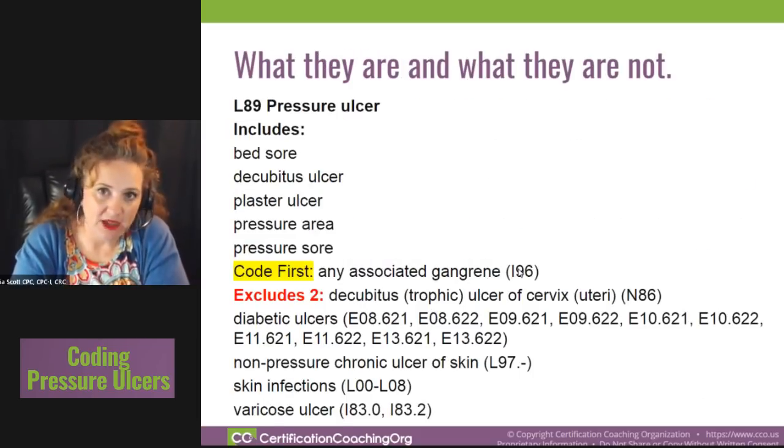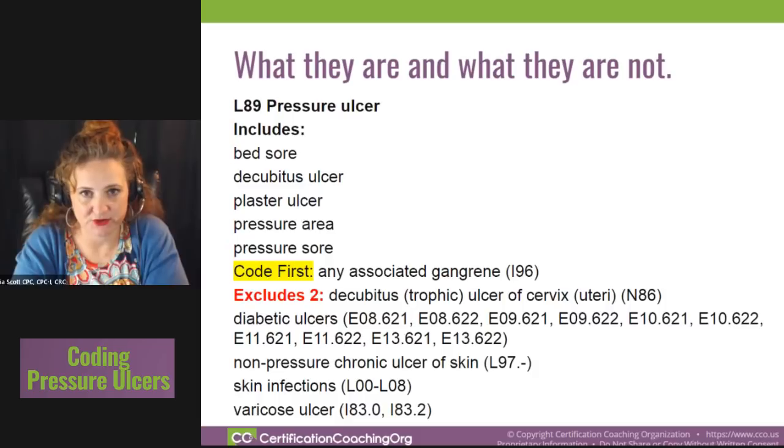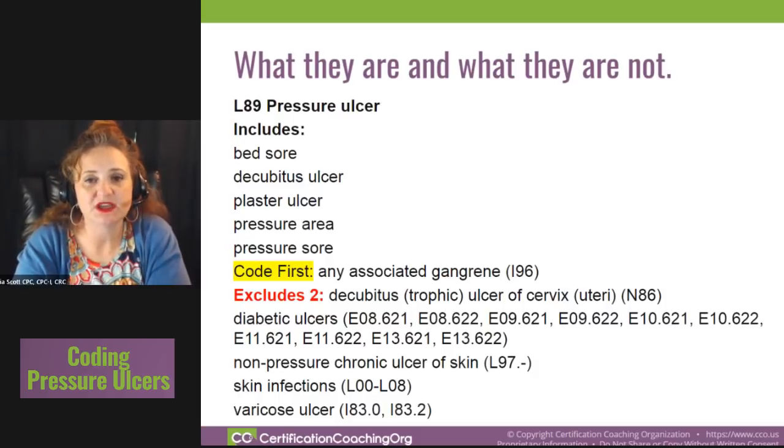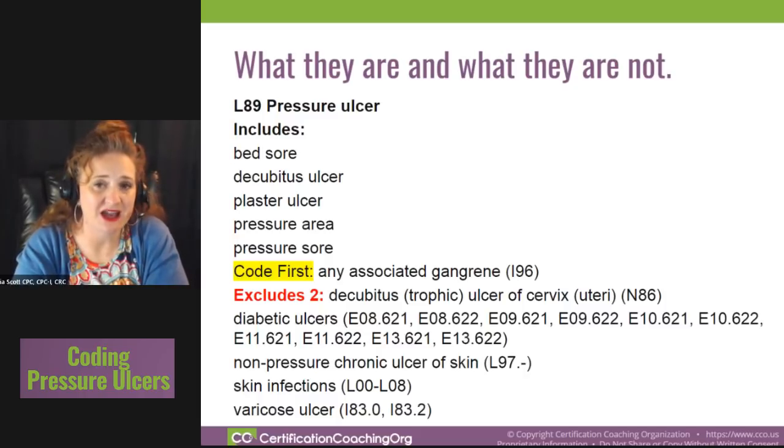So again, L codes, that's ulcer codes. And just looking at the guidelines when we determine what is a pressure ulcer and what's not a pressure ulcer. A pressure ulcer is always going to be coded out at L89, right? So it's going to be a good idea for you later to open up your manual, look in the tabular at the L89 codes.